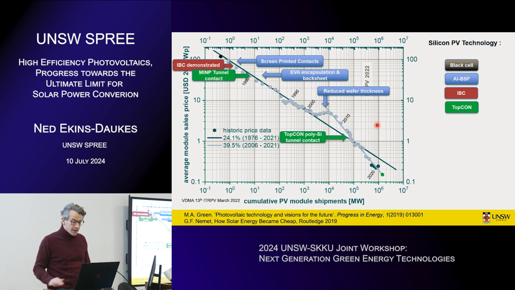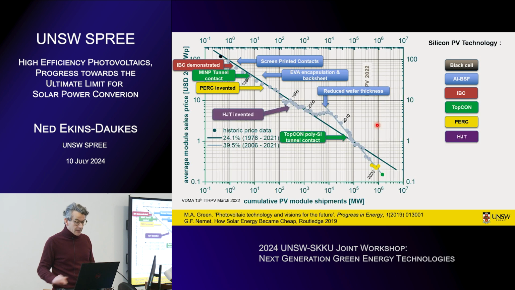Then Andrew Blakers' PhD thesis was on something called the MIS tunnel contact, metal insulator semiconductor tunnel contact. And that was then reinvigorated by Fraunhofer and ISFH and called TOPCon. And then PERC, the famous PERC cell, came actually after this, and then heterojunction cells.